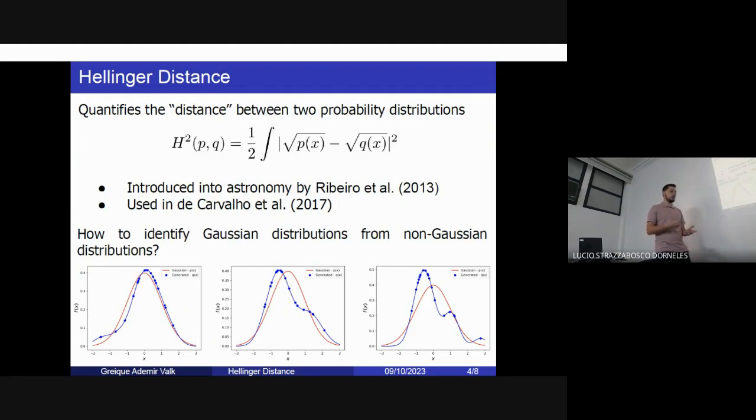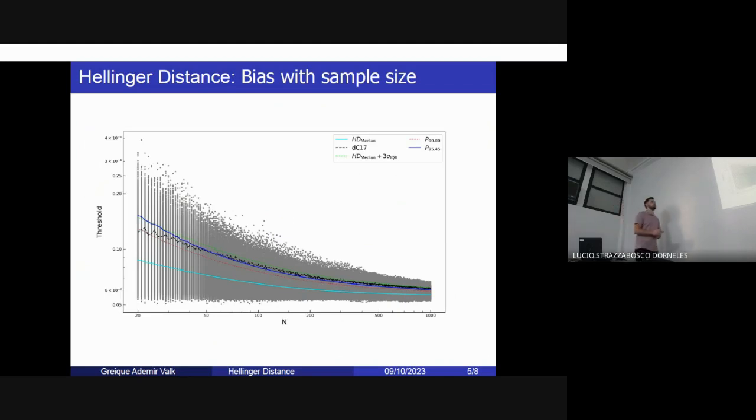We can have an estimation for the threshold value, and we did this 10,000 times, estimating the Hellinger distance for each one of them, shown in gray in this plot here, and we calculate the median value of the Hellinger distance and the percentiles of this value here.